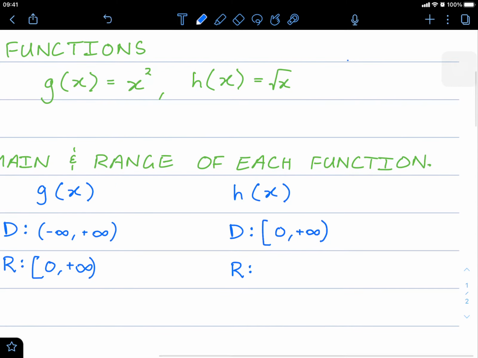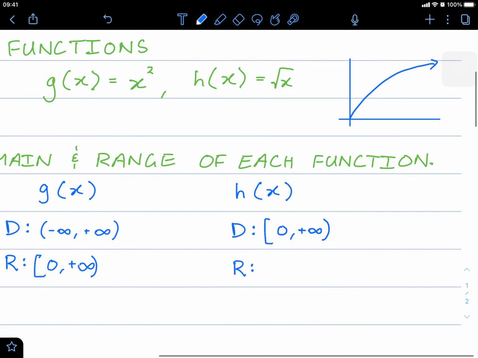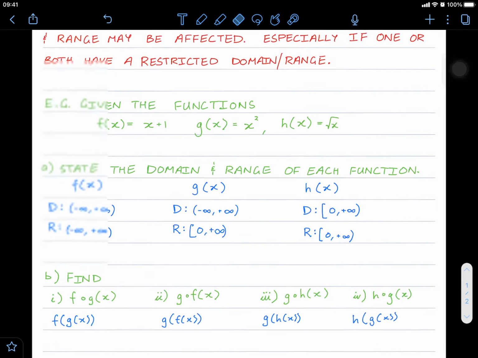And for its range, the graph of this looks like it's flattening out, but it continuously increases, even though the rate of its increasing is reduced. So its range starts on 0 and goes to positive infinity as well. So that's the domain and range for each of the functions.